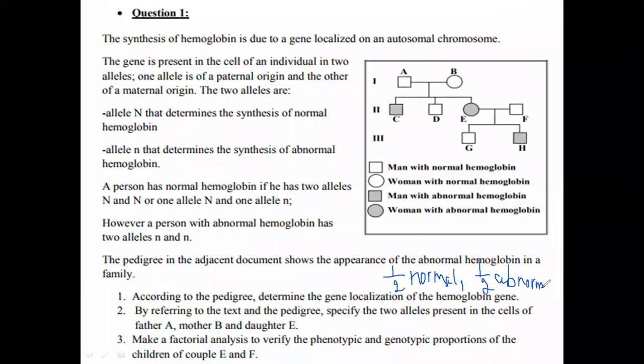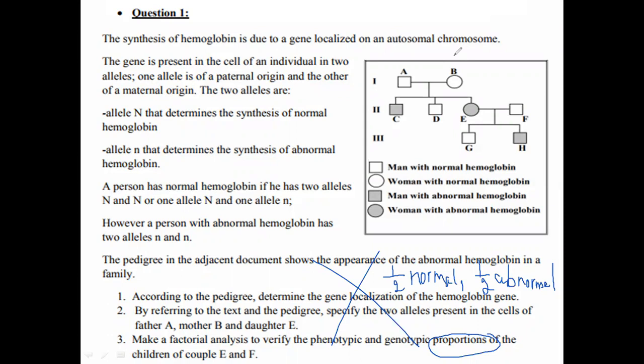From this pedigree, I have to do the factorial analysis to verify the phenotypic and genotypic proportions. I need it in a proportion, not in percentage, since I asked for proportion and I didn't ask for percentage.